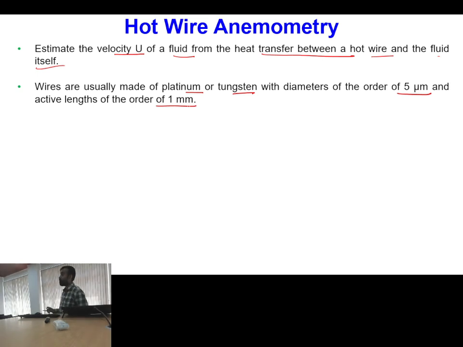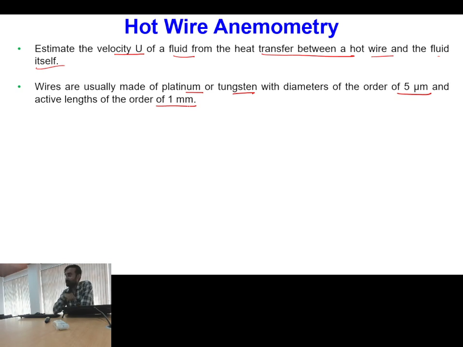So in hot wire anemometry, the wire you use for measurement has a diameter of only 5 micrometer, and the active zone which participates in the heat transfer process is 1 mm. Okay, so small.